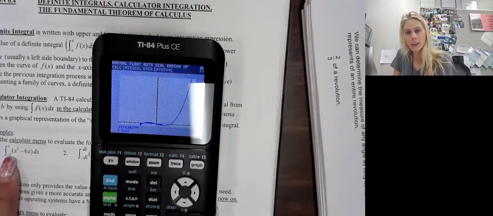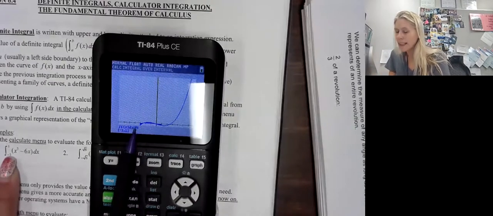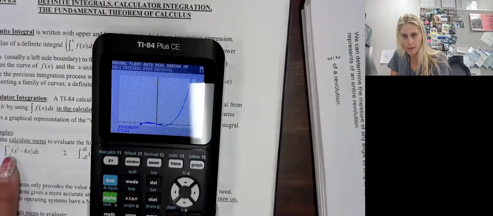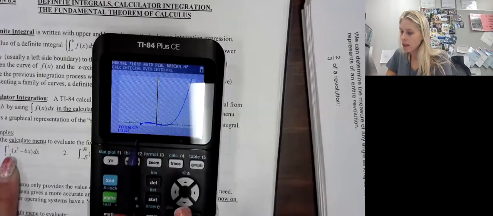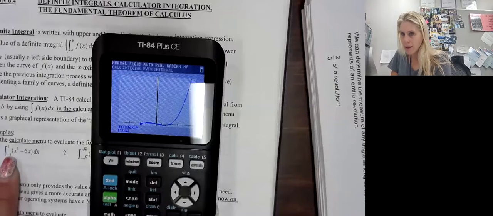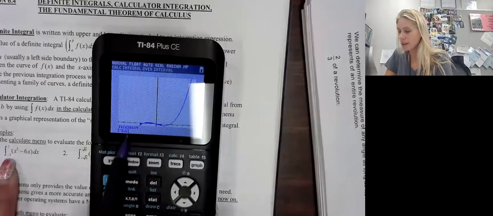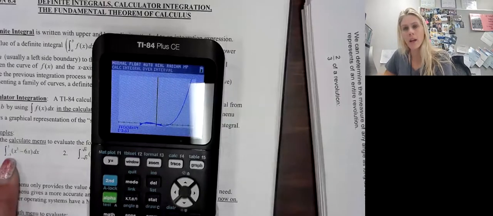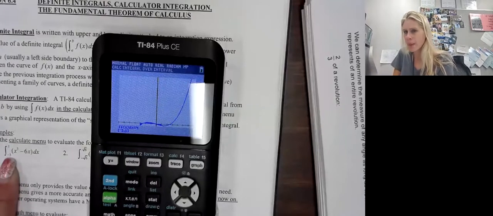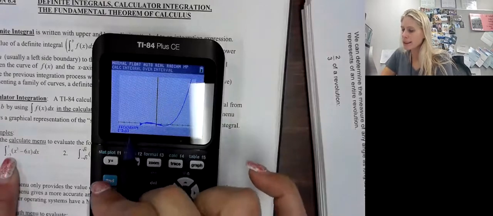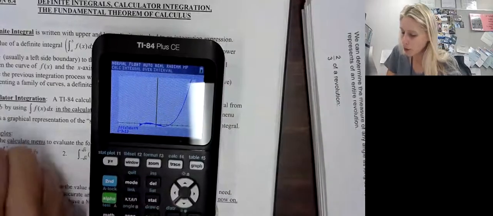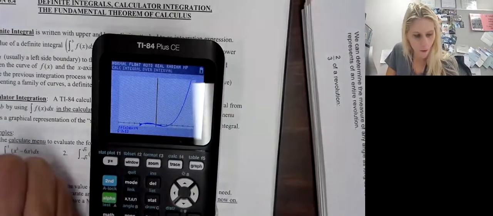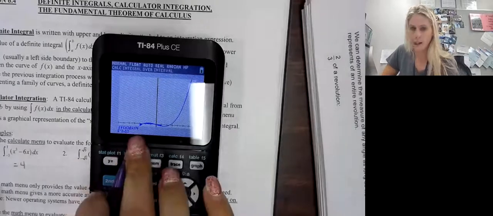And then as you can see, it's shading the area from our curve to the x-axis between -3 and 1. You can probably zoom in to look at that a little bit closer, but I'm going to keep my window the same. And as you can see, we get the value of 4. It's right there at the bottom.